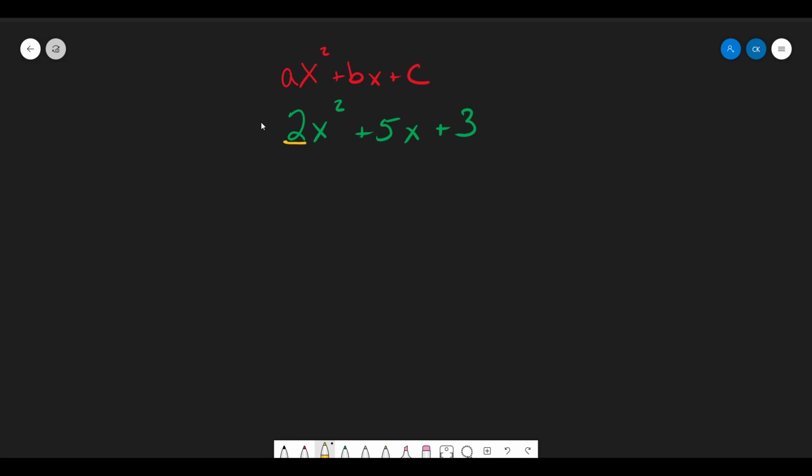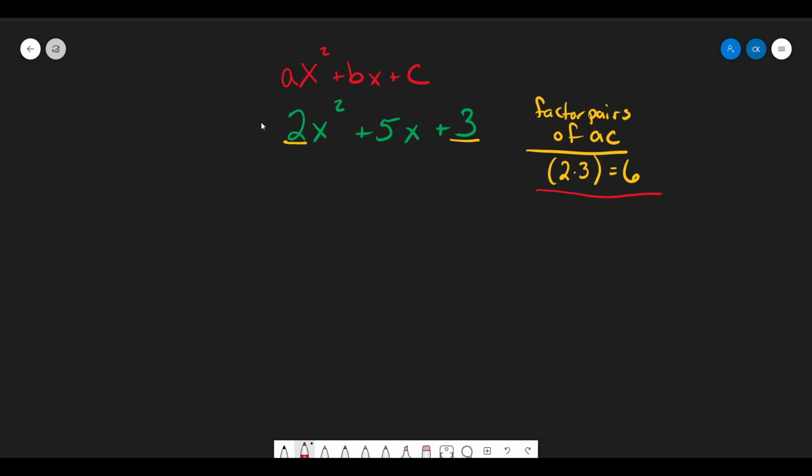So now we're going to look at a and c, and look for factor pairs of AC. In this case, that's 2 times 3 or 6, so we're looking for any two numbers that multiply to give us 6.